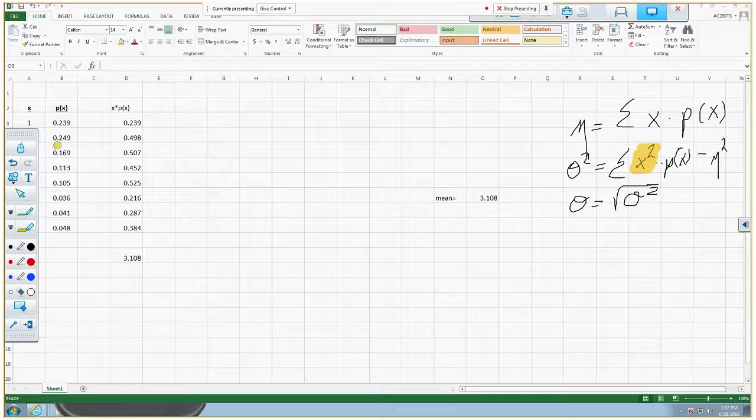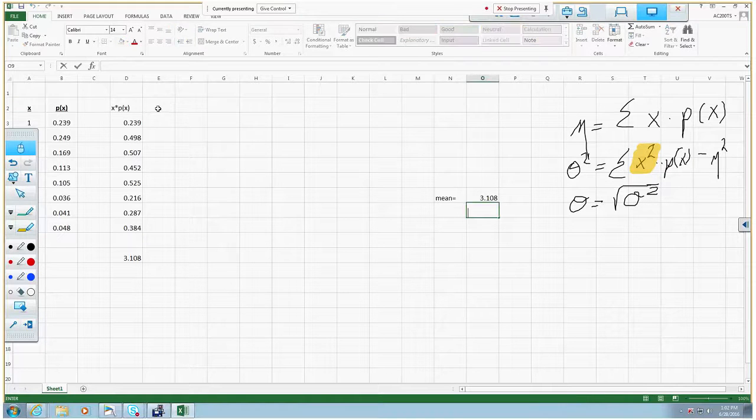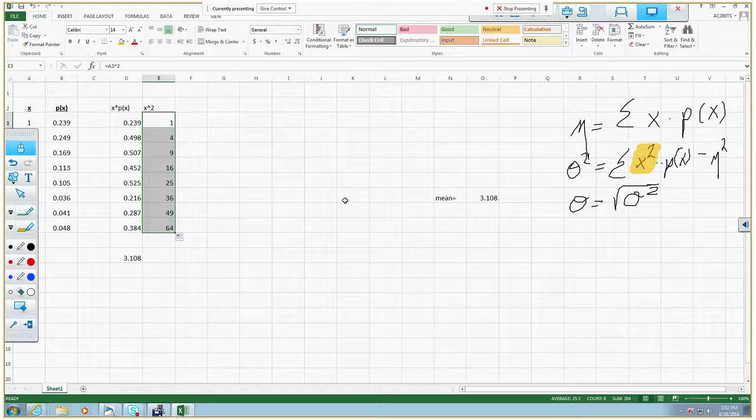I need x squared. I don't have x squared over here, so I got to get an x squared. So you write on your paper x squared column, and you square x. I'll do the first one for you. That's 1. Okay? That help y'all? And there they are. Now go back to your formula. What do I do with x squared?